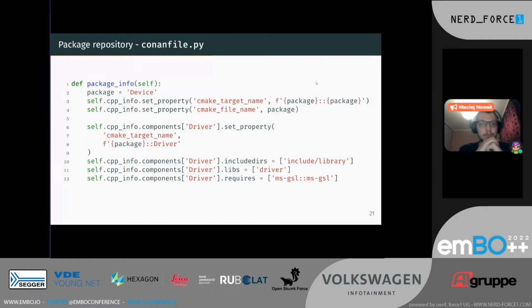So by always using components, it's just easier to follow and extend the package later. At the start, we decided to customize target names and file names for find_package a bit, so they will look nicer. So we are using set_property with cmake_target_name and cmake_file_name to customize these values.